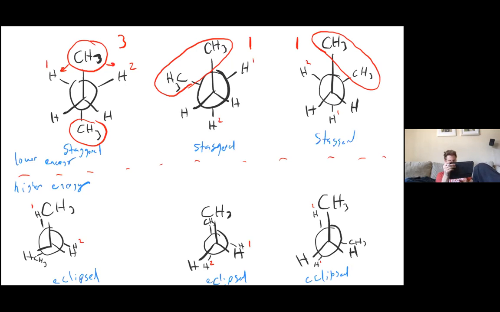Okay, so we're doing the same thing on the bottom. CH3 interactions are going to cause a lot more strain than an HH or a CH3-H interaction.